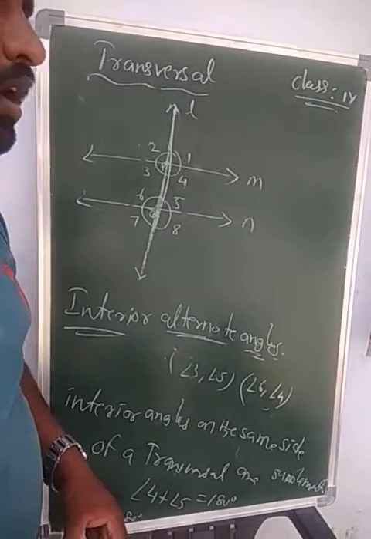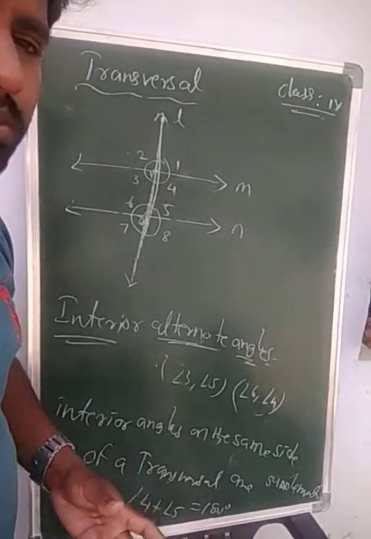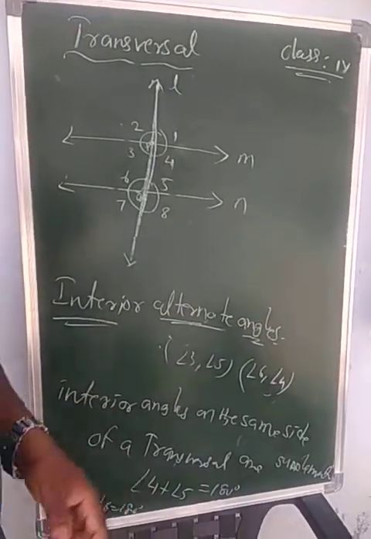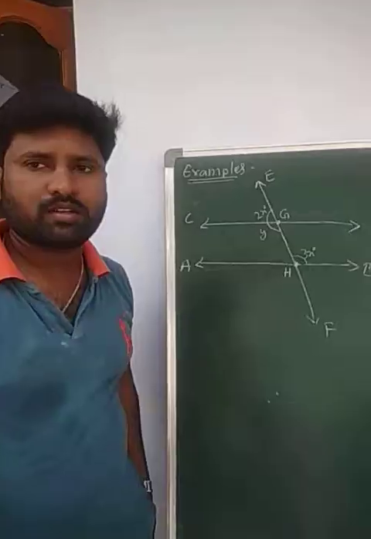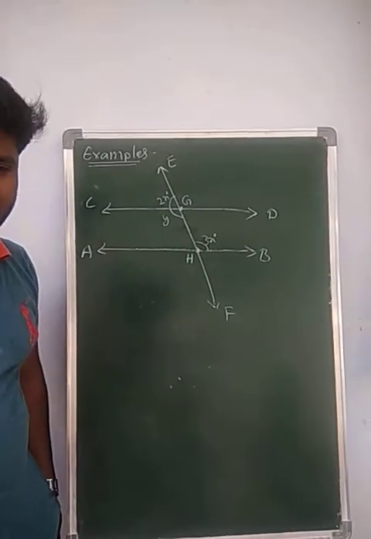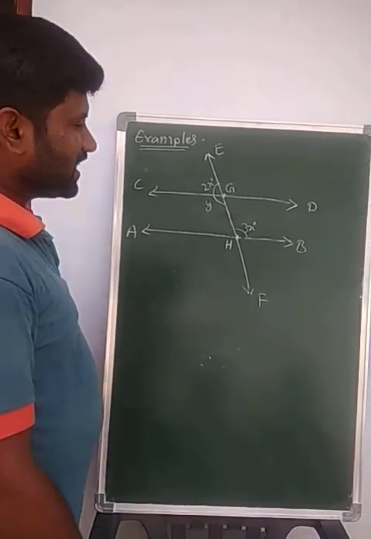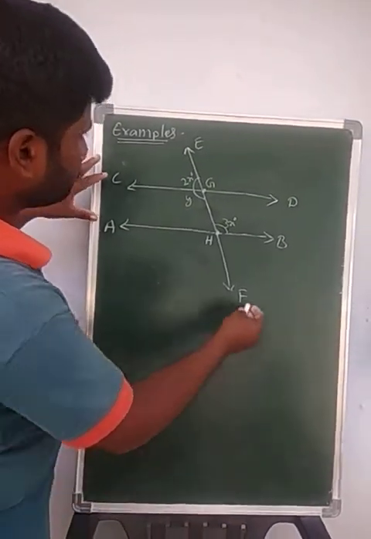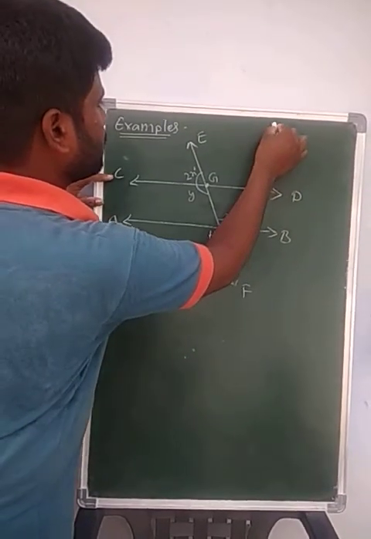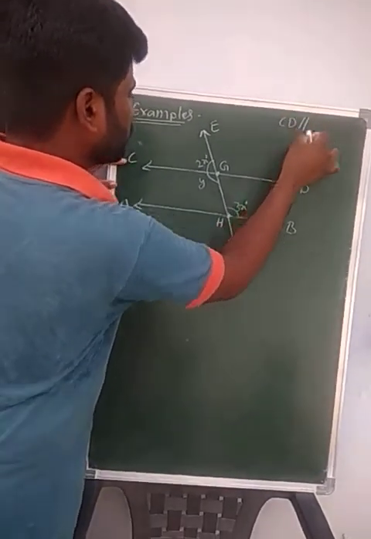Now I'm going to explain some problems based on this model. Okay, students, see one problem in this model. You observe clearly here, CD is parallel to AB.